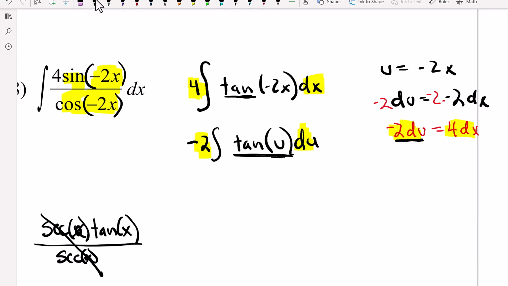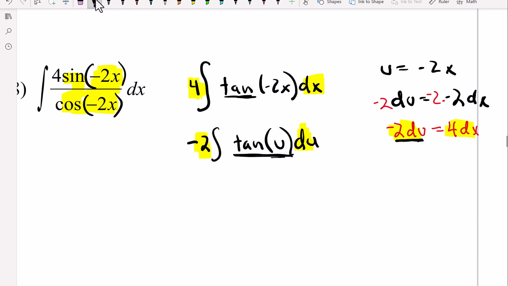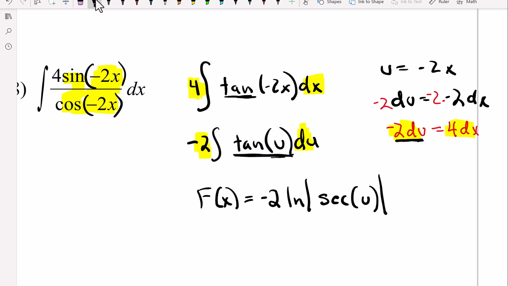That's the natural log function. So working backwards, negative 2 times the natural log. Remember, we have to do absolute value because you can't take the natural log of a negative number. So this kind of just secures that. Secant u.